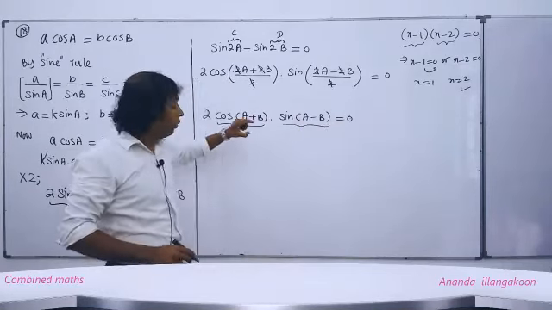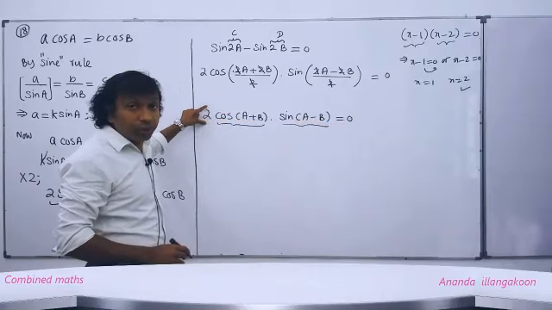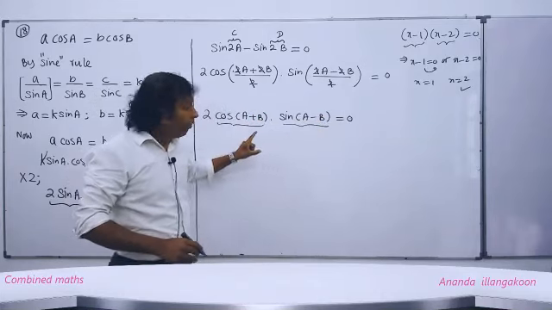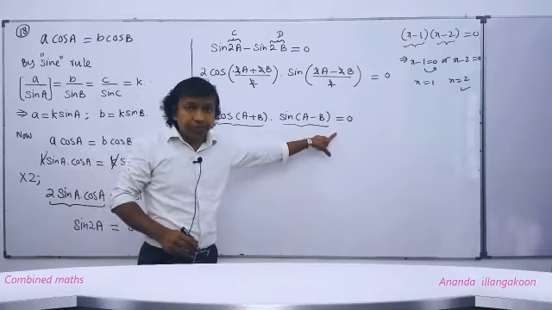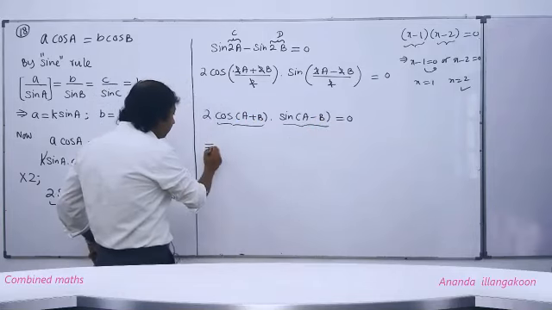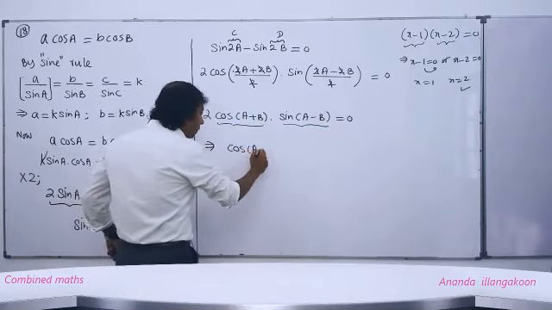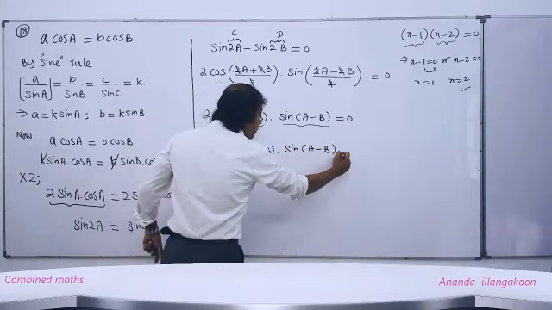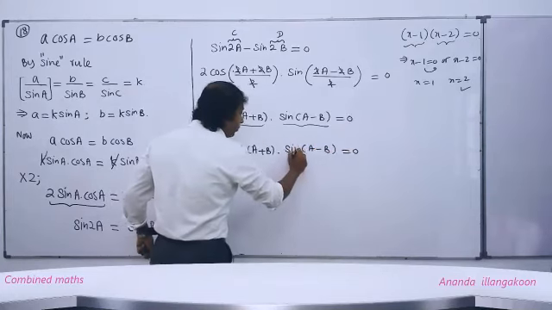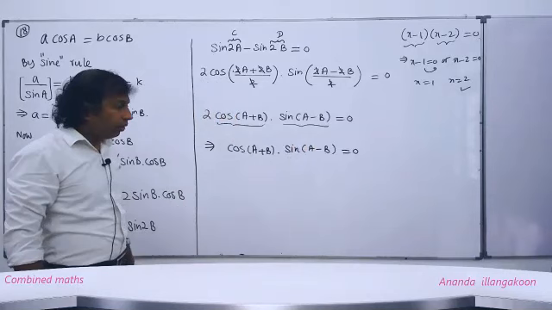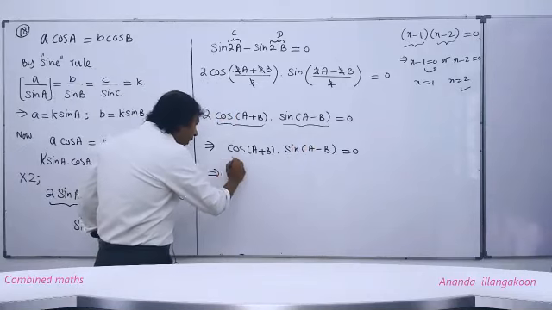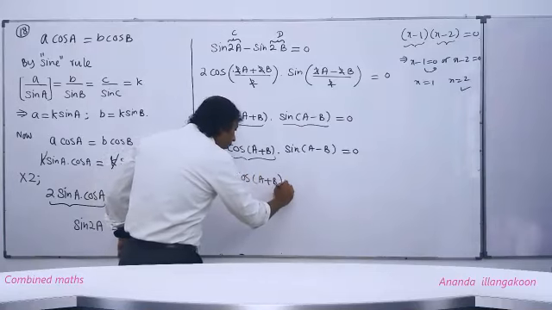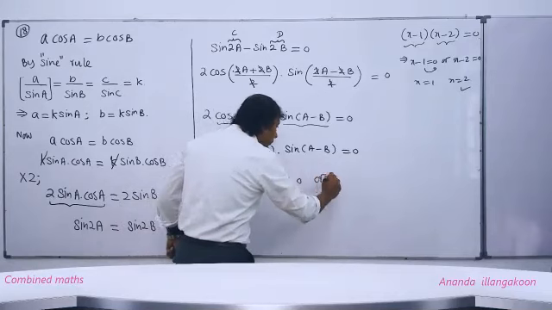But obviously 2 is not 0. Therefore cos(A plus B) times sin(A minus B) should be equal to 0. Then either this is 0 or this is 0.